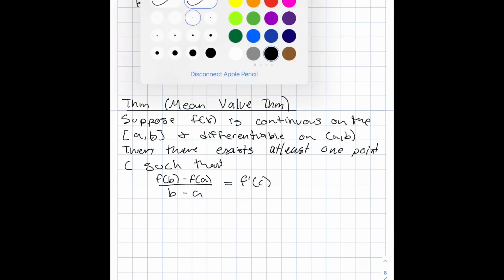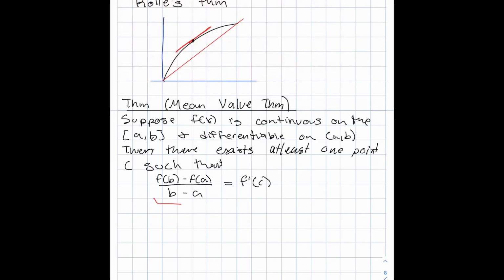So this chunk right here is the average rate of change over the interval. And this is the instantaneous rate of change, so the IROC of some point in said closed interval.